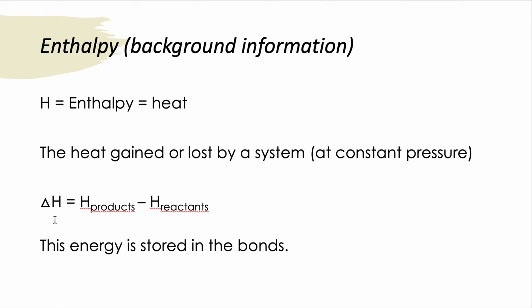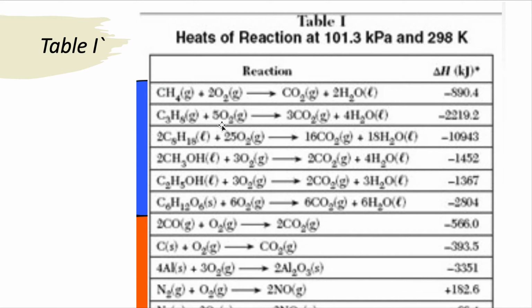It's always key to remember that energy is stored in bonds, so breaking or making bonds will tell you if there's going to be an increase or decrease of energy. We have a table that helps, table I on our reference table, which tells us if something is going to be endothermic or exothermic.